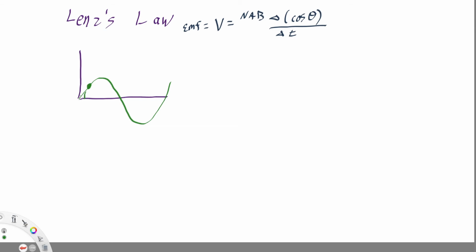Because our function is positive. Let's see if I can draw a cosine function here too.